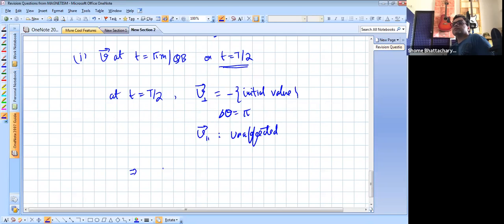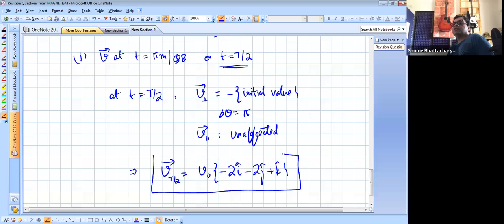So the velocity at this time T by 2 will become v naught into minus 2 i cap minus 2 j cap plus k cap. So this should be your answer to the first part.